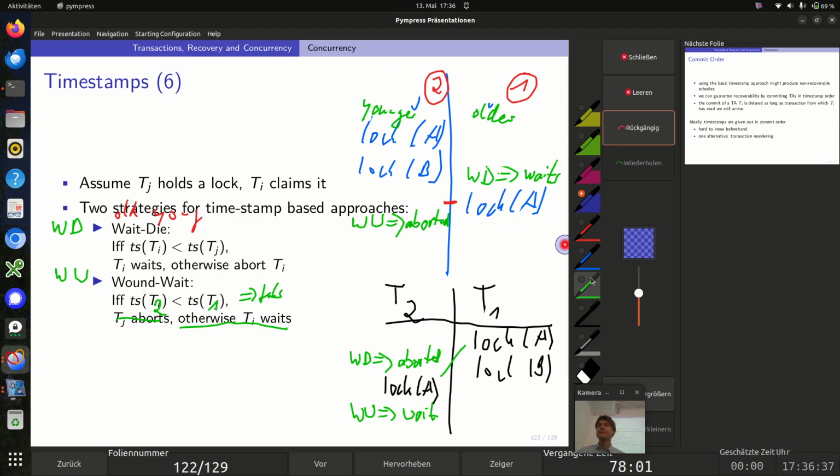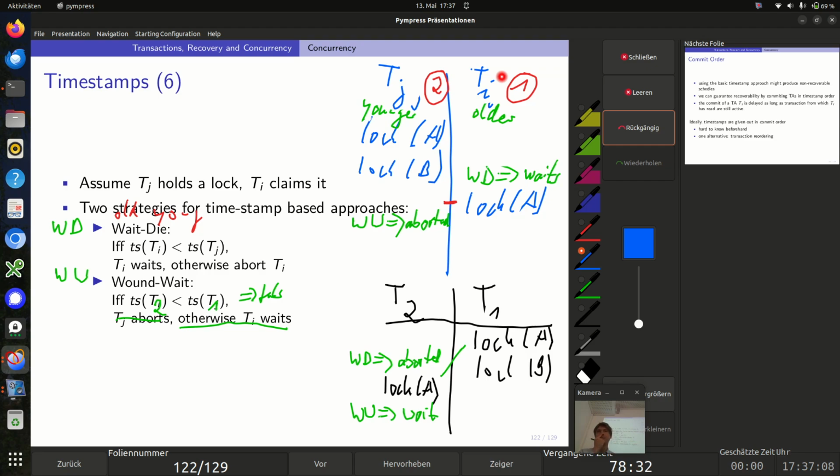So the younger one would be Ti. No, Ti is the one that claims the lock. We have two parameters of the transaction: the younger Tj, which holds the lock, and the older one. This is the 1 and 2 in our red circles.